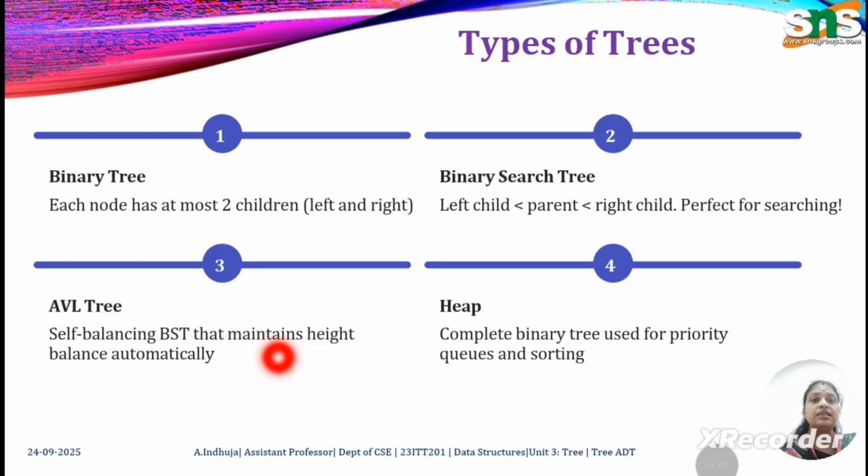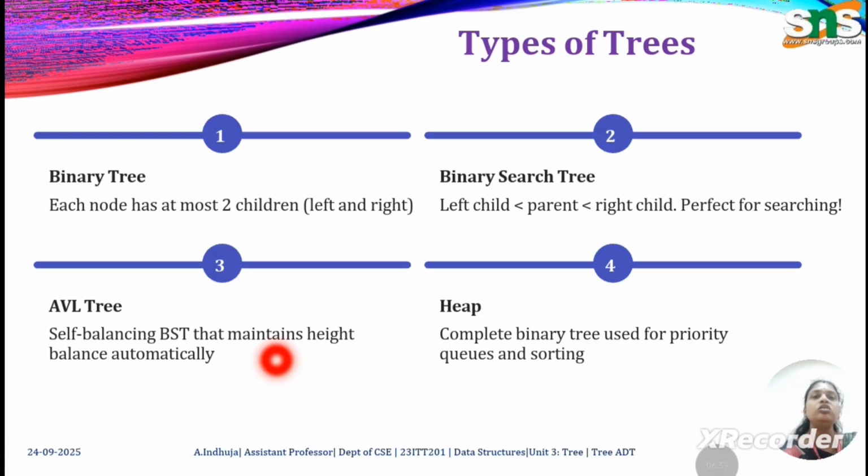An AVL tree is a self-balancing binary search tree that maintains height balance automatically to make your searching much faster. Because in a binary search tree, when we insert elements, there is a chance of the tree being skewed to either left or right. If we search for an element in a skewed tree, the searching takes a long amount of time.